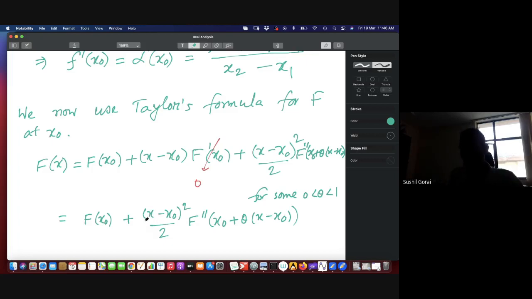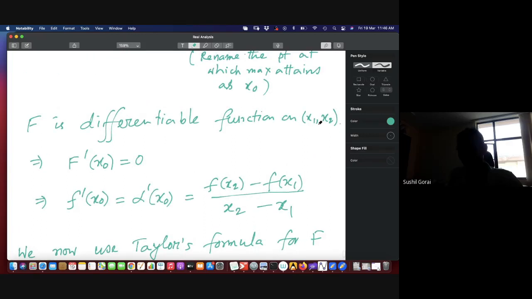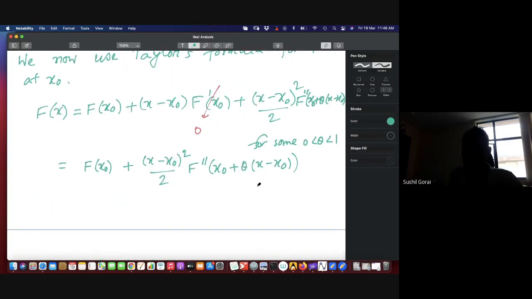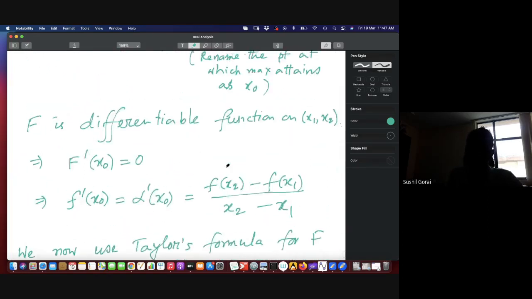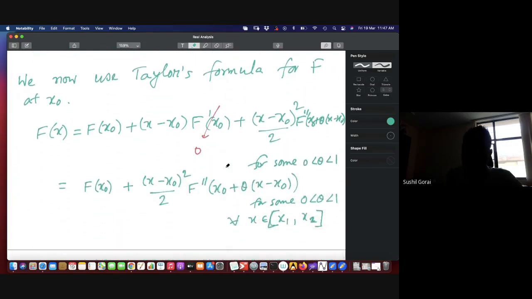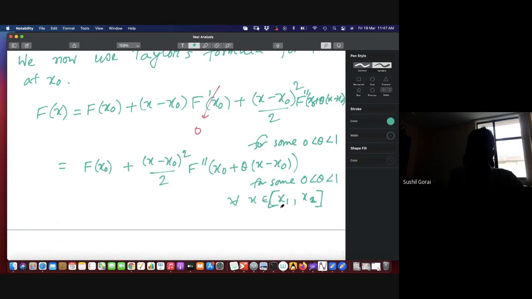And this is true for all x in the interval, for some theta, of course, and for all x in the interval x1, x2. Actually, the closed one. We can do a little more, because x1, x2 were two points inside the open interval AB, so we can actually go till closer.